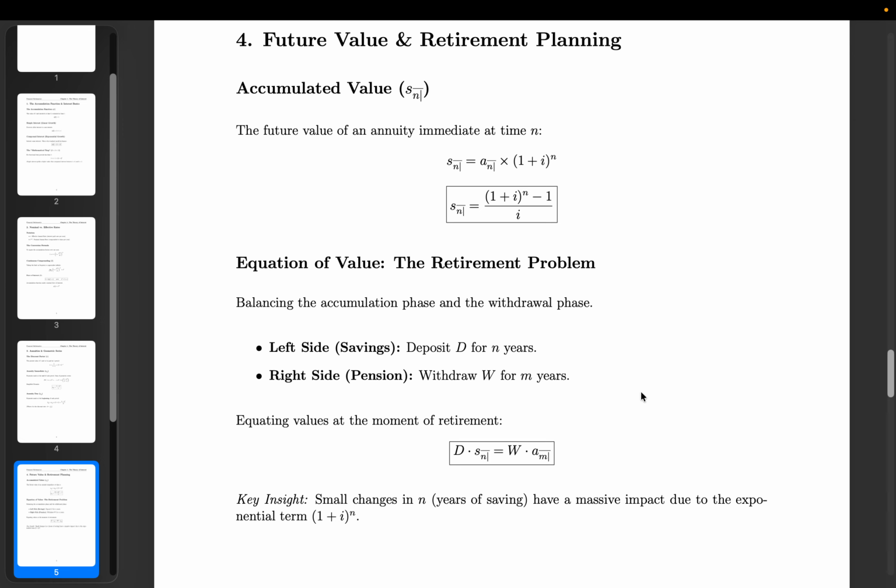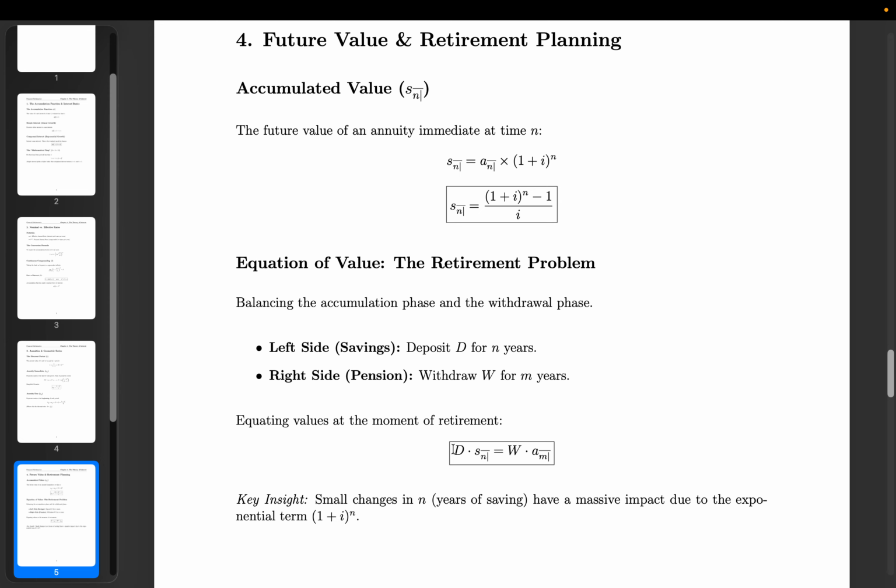Usually it's easier to focus on the retirement date. The value of your savings at the moment you retire, D times s angle 30 years, must equal the value of the pension you want to buy, or W times a angle 20 years.